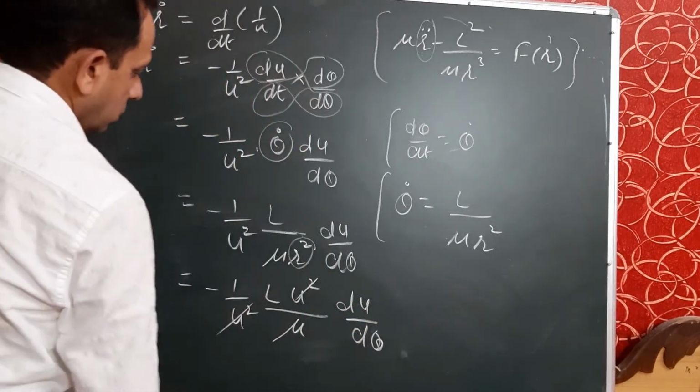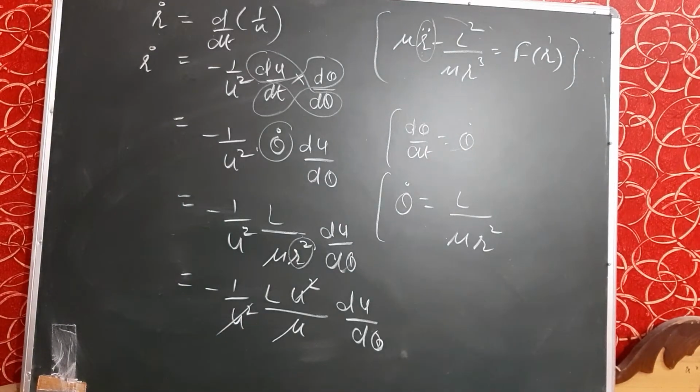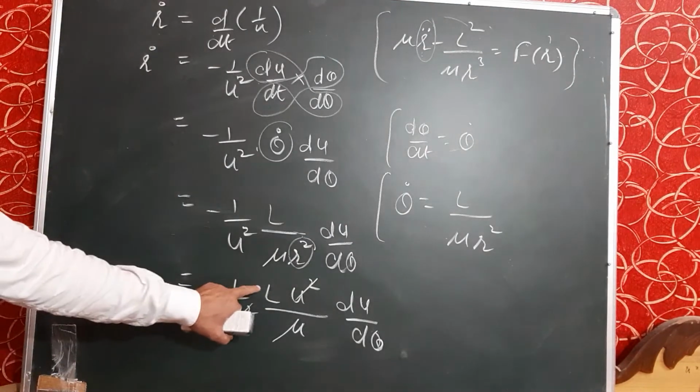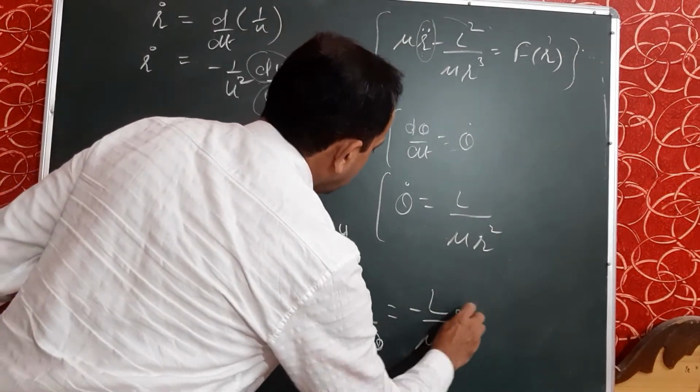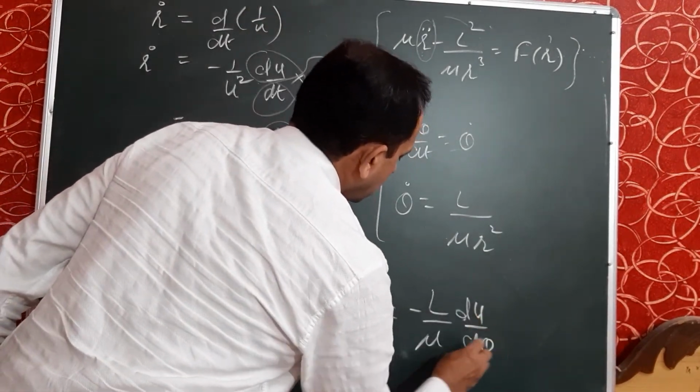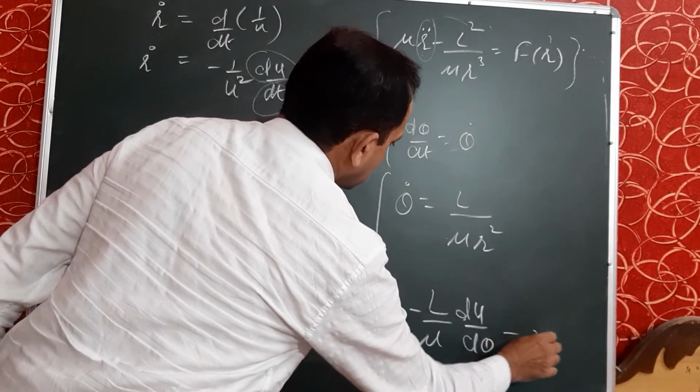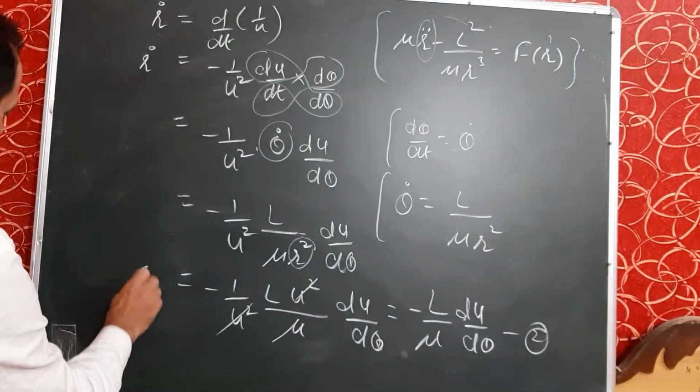Here u square is cancelled out, and the remaining term is minus L upon mu into du by d theta. So, this is the value of r dot.